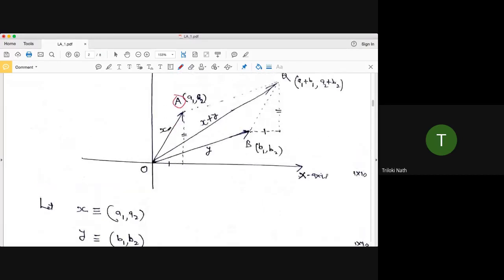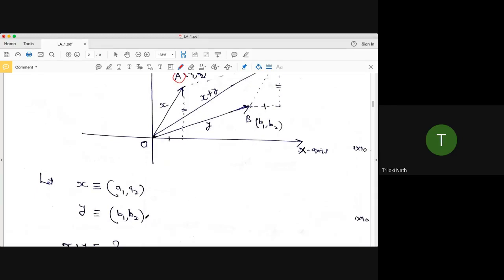Similarly, suppose the vector y is the position vector of the point B, the vector OB. We are talking about the position vector of B, which means we are talking about the coordinate of B. So what is the coordinate of B? The coordinate of B is (b1, b2).